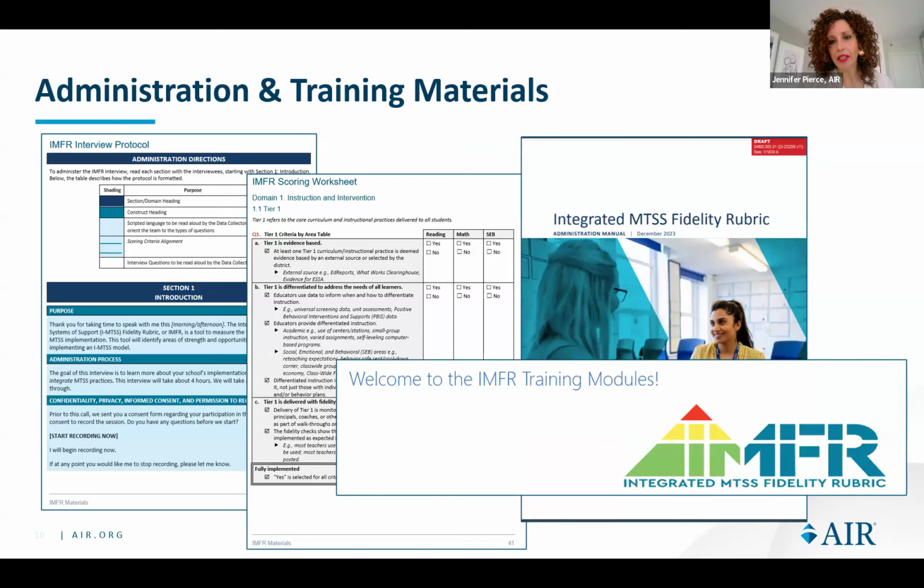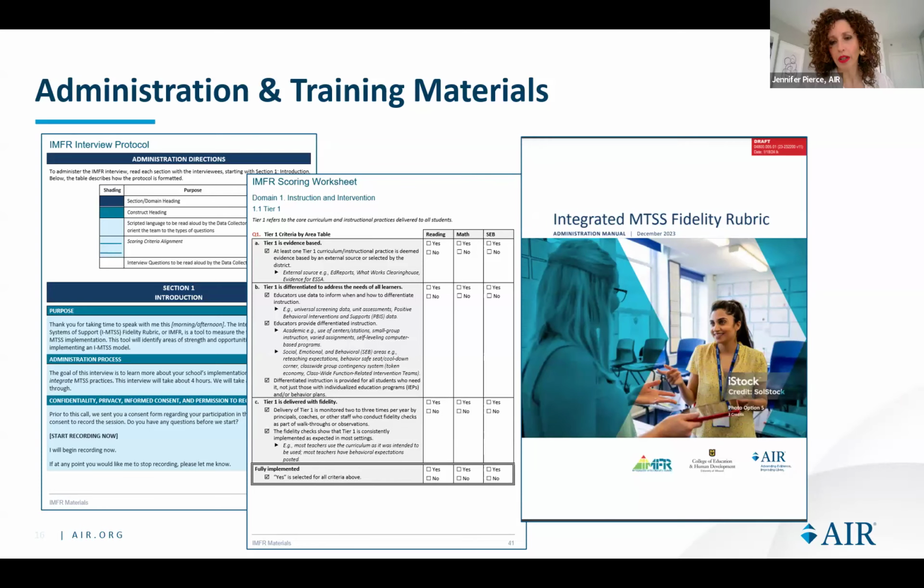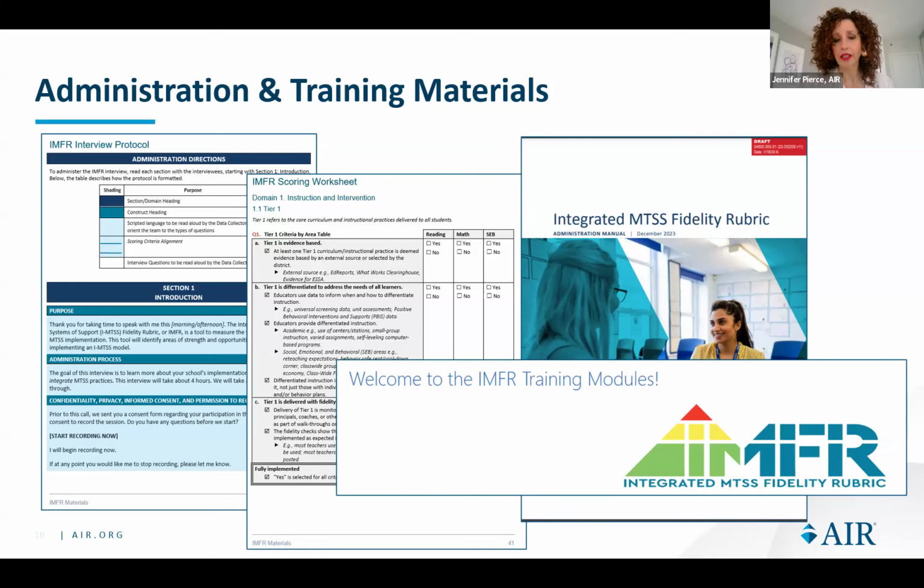And we've got an administration manual that we're nearly finished developing, as well as a series of online training modules, all of which will be free to accompany the IMFR, so that schools, districts, state leaders, you name it, if you're interested in using this, you've got access to it and can administer it and score the results and provide the results to the school for free.